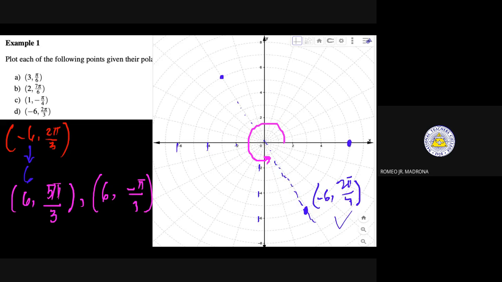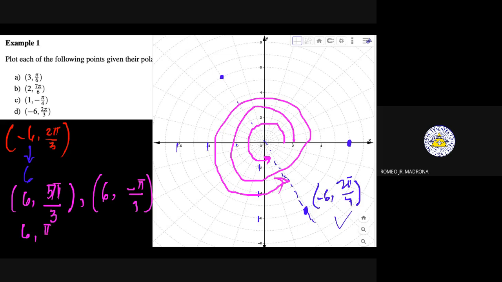Okay? Or, we could have infinite number of turns. Sabi nga ni Ricardo, that's 6, 5 pi over 3 plus 2 pi k. Ayan, pwede yan.